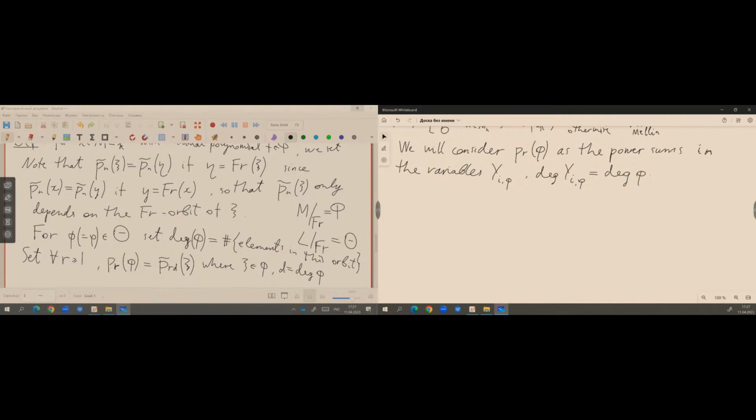So finally we are done. We can define the Schur functions s lambda of phi as just the standard transition matrix from power sums to Schur functions applied to those power sums, M S P applied to P mu of phi.